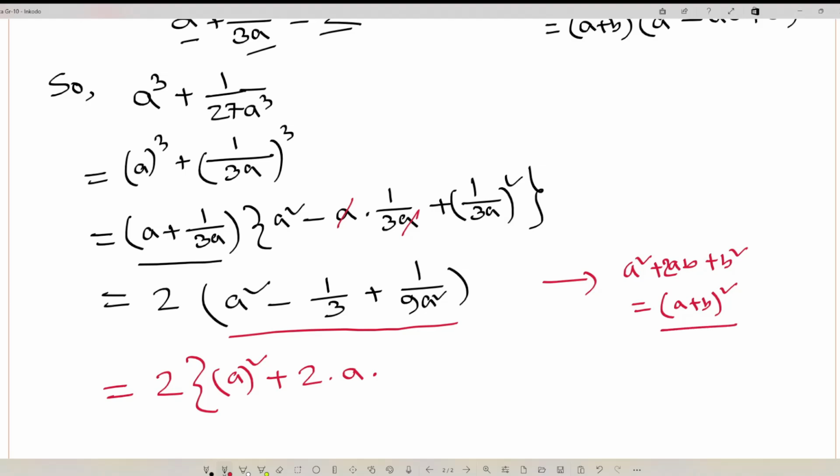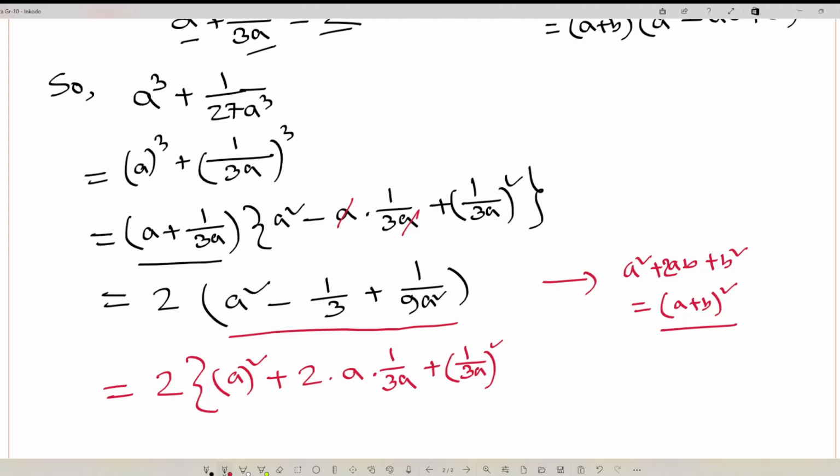So we need a square, we have a square. We need b square, we have b square: 1 by 9a square means 1 by 3a whole square, it's looking like b square. Now 2ab, look, a we can get from a square, and b is 1 by 3a.